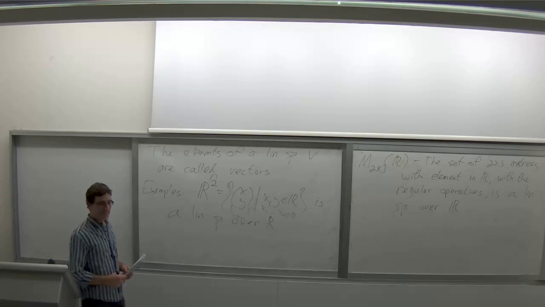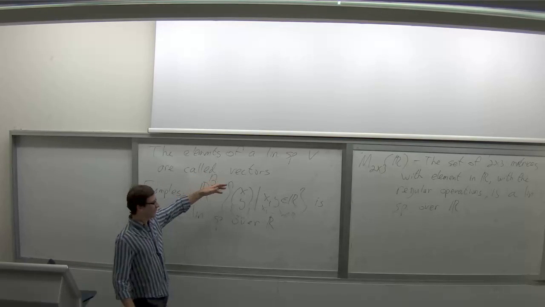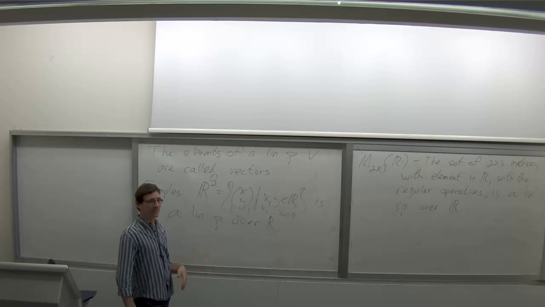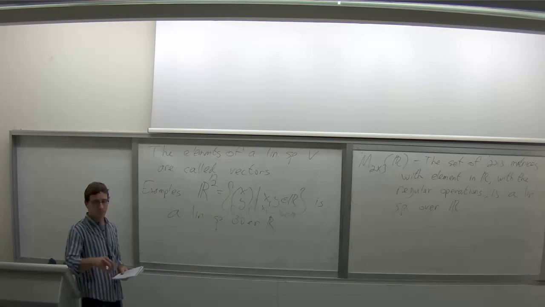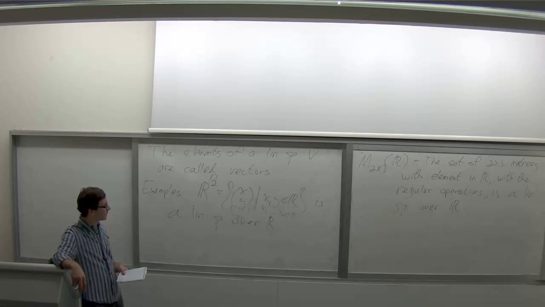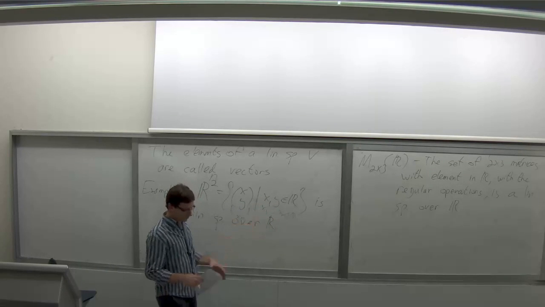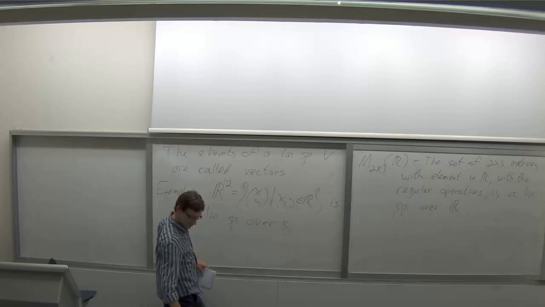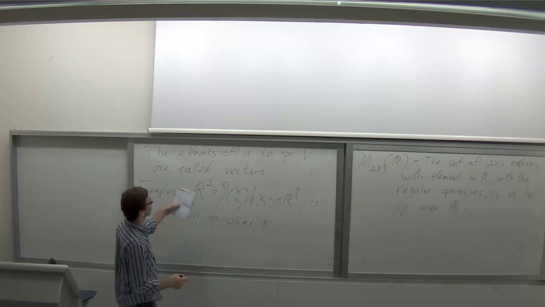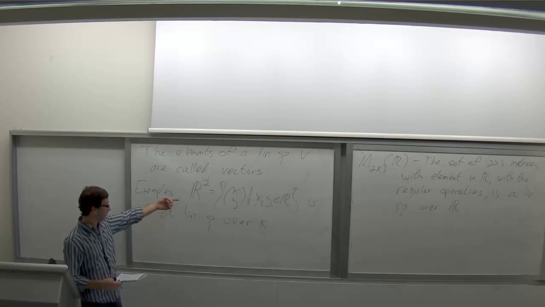Is each element called a vector? Rn is a set of n-tuples, and now that I know that it's a linear space, these are vectors. Is x itself called a vector? Let's discuss R2. The elements of a linear space V are called vectors. The elements from R are not the elements in V, in this case.